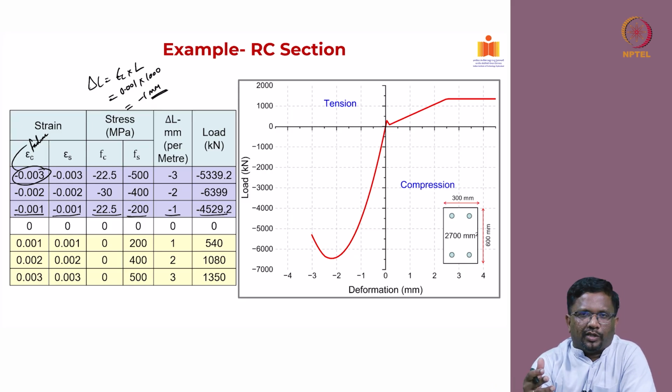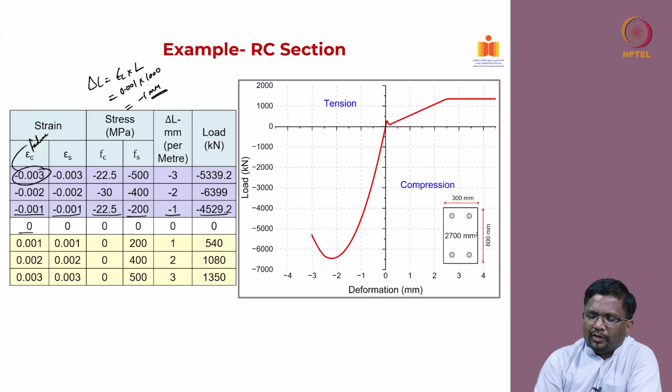Similarly, I can do it for other sections also, 0.002 and 0.003. Now, when the strain in the concrete is 0, the strain in the steel also is going to be 0. This is in RC, all right. So, stress is going to be 0, stress in the steel is going to be 0.